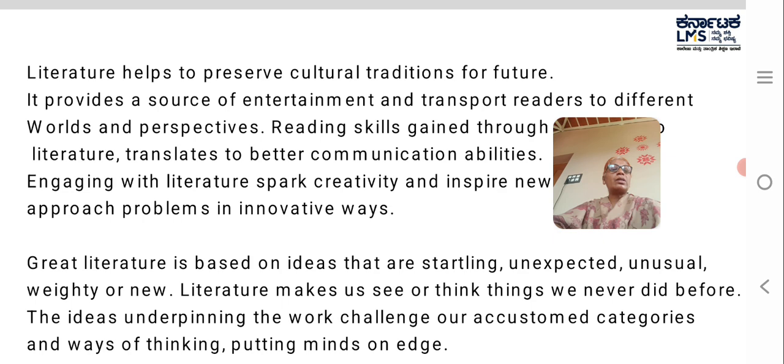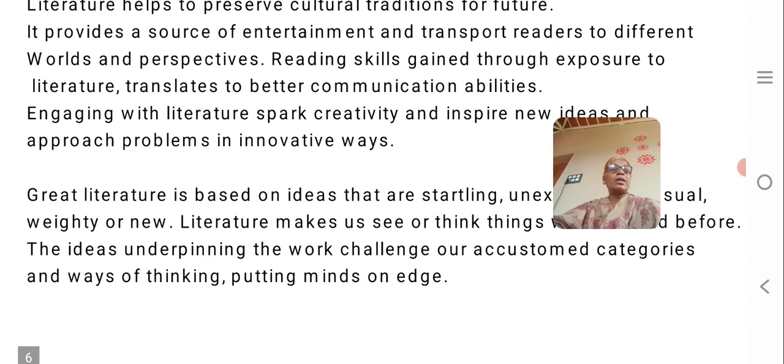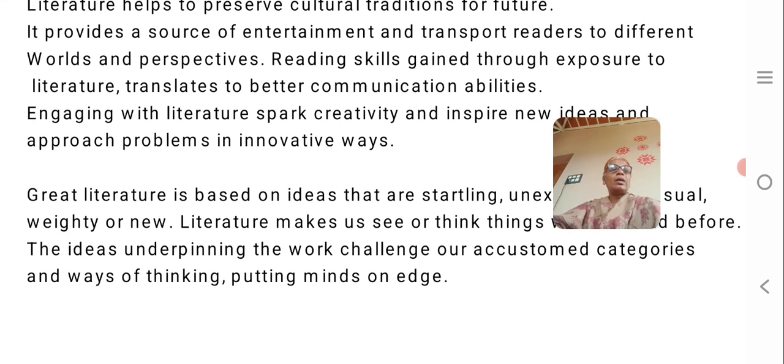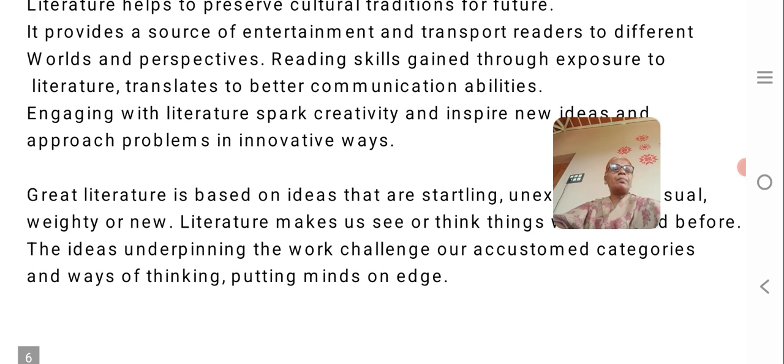Great literature is based on ideas that are startling, unexpected, unusual, weighty, or new. So, literature makes us see things we never did before. Some works challenge our accustomed categories, the way we think, and put our minds on edge.